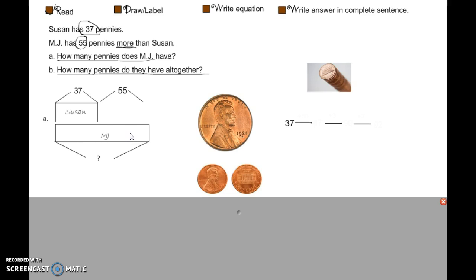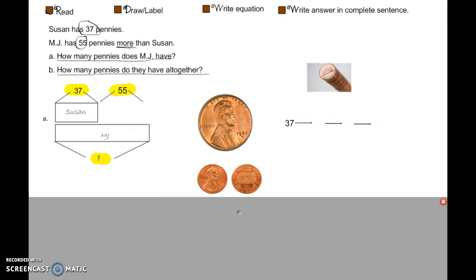So to solve this problem, I know that I'm going to have to try and find my whole amount. I know that I have 37, which is a part, and I have 55, which is a part. And what I have to figure out is how much the whole amount would be. So I know in order to solve this, I'm going to use the operation of addition.